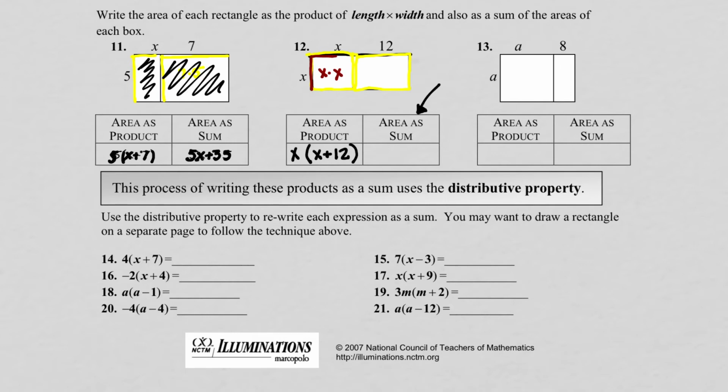X times x. And here I've got x times 12. So I would write that area as a sum. Well, my first one, x times x, is x squared. And I'm going to combine with that my 12 times x, which is just 12x.